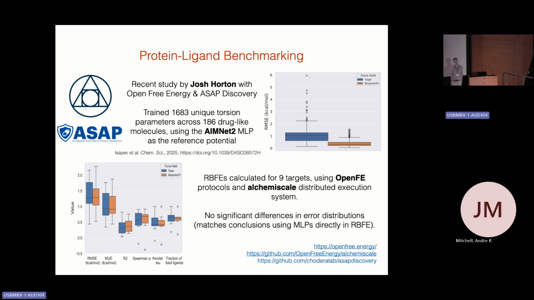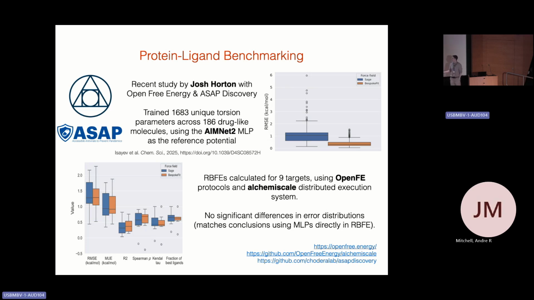And he's also taken those bespoke-fit force fields through to relative binding free energy calculations, calculated for 9 different targets, using standard Open Free Energy protocols and a very nice alchemical-scale execution system for planning the free energy calculations, submitting them, and bringing back the data.